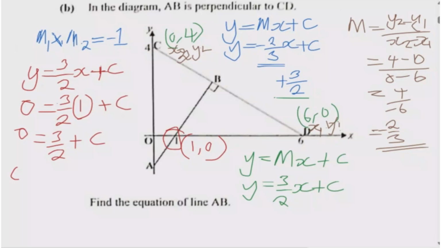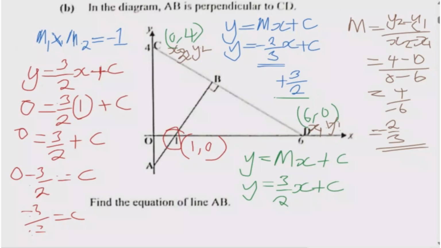Now I'll put like terms together. That means I'm going to have 0, then 3 over 2 crosses the equal sign and becomes minus 3 over 2, which is equal to c. Now when I evaluate this, I'm going to remain with negative 3 over 2, which is equal to c.